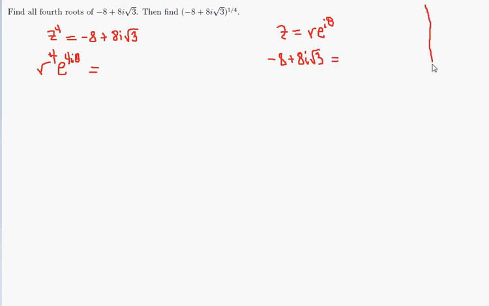In the complex plane, that will be up here someplace, where the distances are negative 8 and 8 square root of 3. And so using trigonometry, this angle here would be 2 pi over 3.